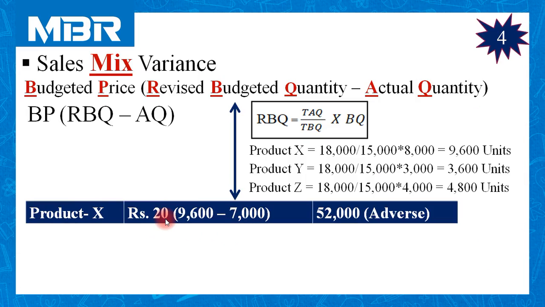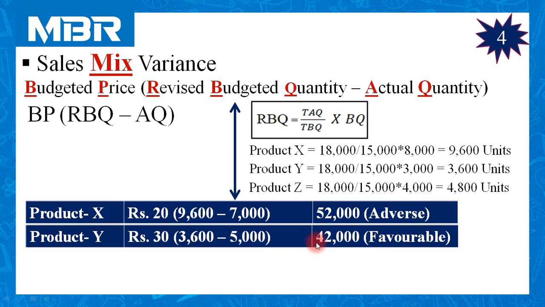Product X, budgeted price rupees 20, revised budgeted quantity 9,600 units minus actual quantity 7,000 units. 2,600 multiplied by rupees 20, 52,000. As compared to revised budgeted quantity, actual quantity is less. So the result is defined as adverse variance.